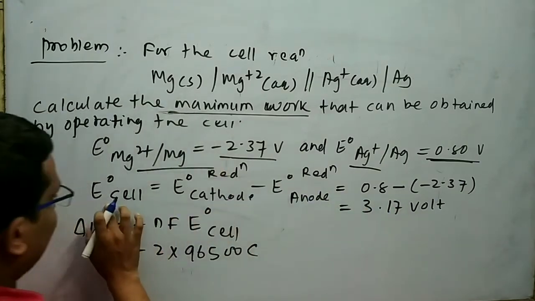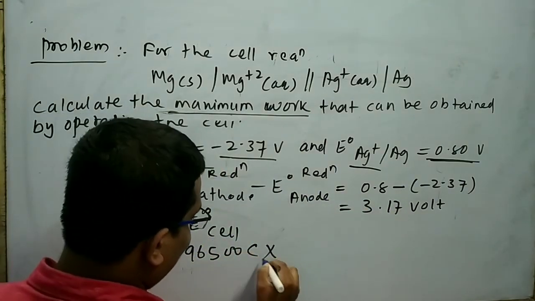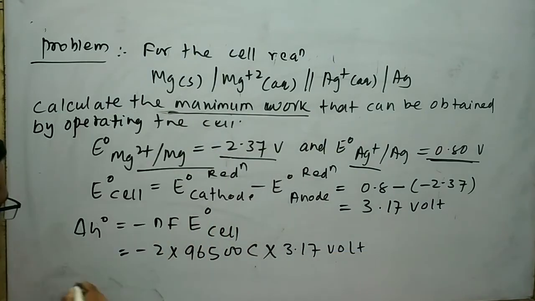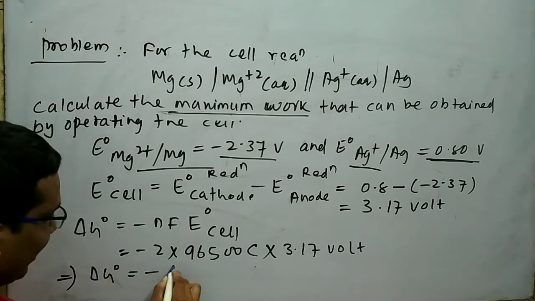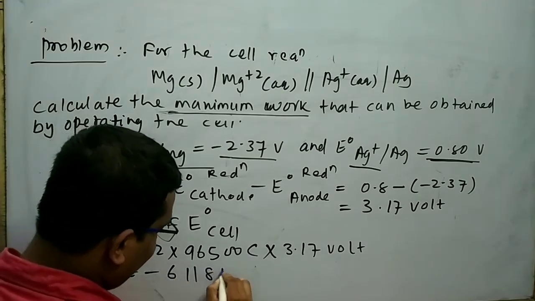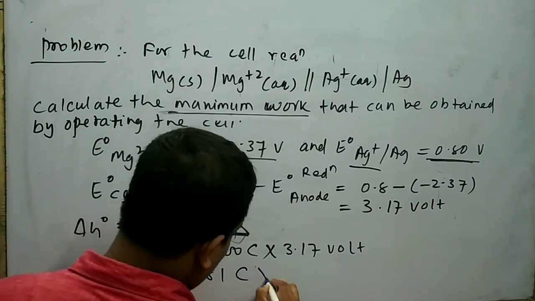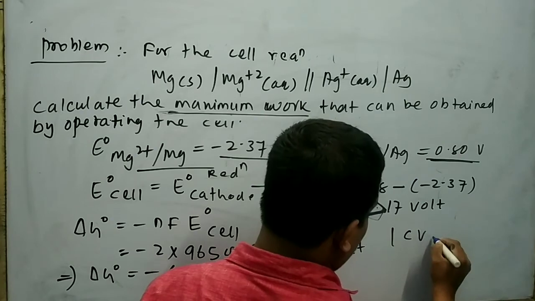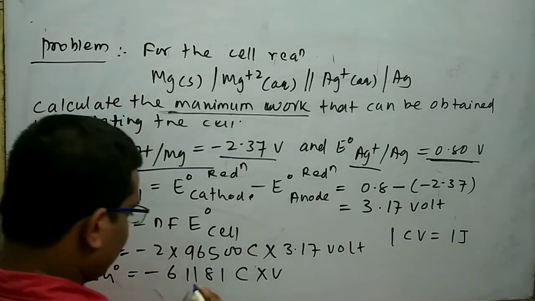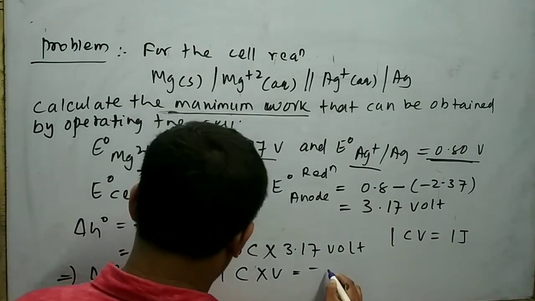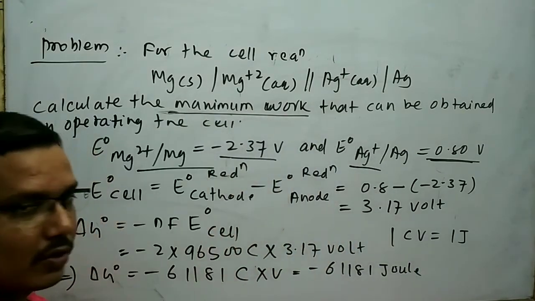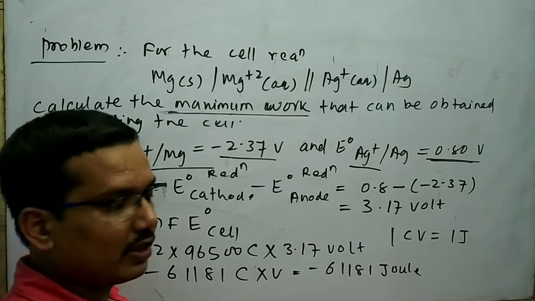Now put the value of E0 cell here. So I can write here 3.17 volt. So I can write delta G0 equal to minus 61181 C into V, that means coulomb into volt. 1 C into V equal to 1 joule. So I can write here minus 61181 joule. 1 kilojoule equal to 10 to the 3 joule.